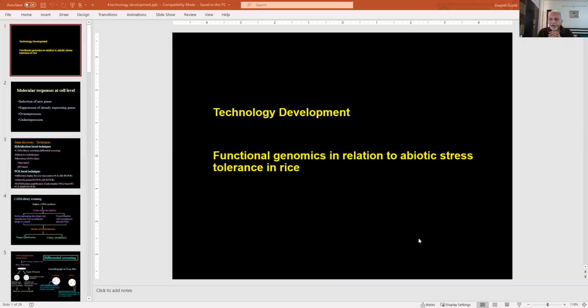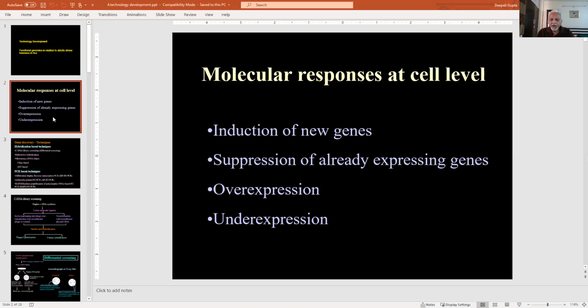Basically, in technology development, we have to go through functional genomics, that is, identifying genes or sets of genes responsible for controlling a particular phenotype, in this case, say, abiotic stresses. When we look at the cellular responses to any stress, the cell responds at the molecular level in four ways.